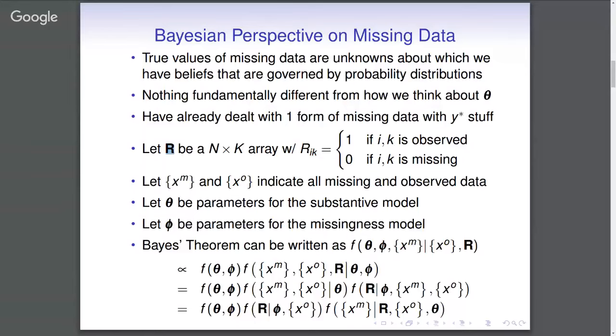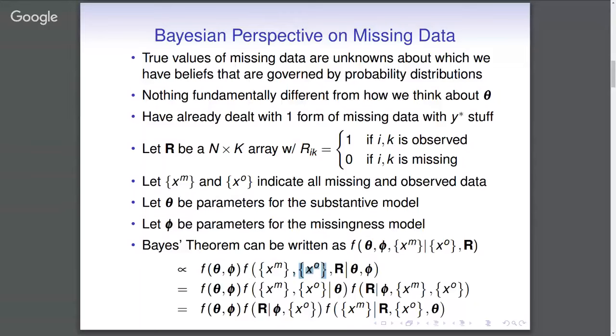XO you can think of as a long vector, if you take all the non-NAs out of X and make it a long vector. And then XM is the true values of the things where you observed an NA. So you have these two long vectors that, if you put them together according to R, would give you the true X matrix. You don't know what that is, but you have beliefs about it that you can update.